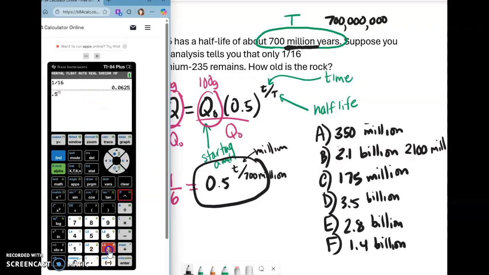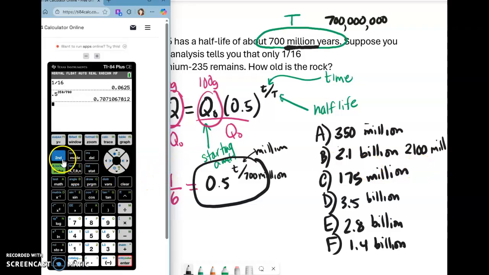I'm going to try the first one. 350 million divided by 700. And what do I get here? I get 0.7. Well, that's way larger than this. So I think the millions are probably not going to work. Let's try the next one.